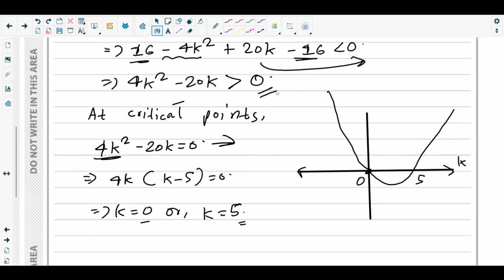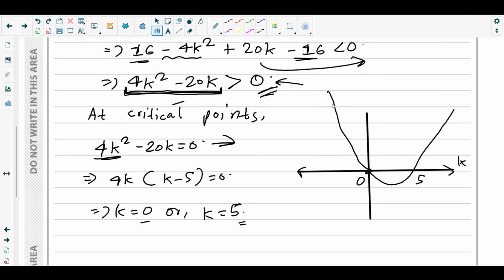If you see the inequality, it says greater than. So to support this inequality, we need to choose the values of k which will support it, and this inequality says the values of k should be such that the value of this equation 4k squared negative 20k remains greater than 0.